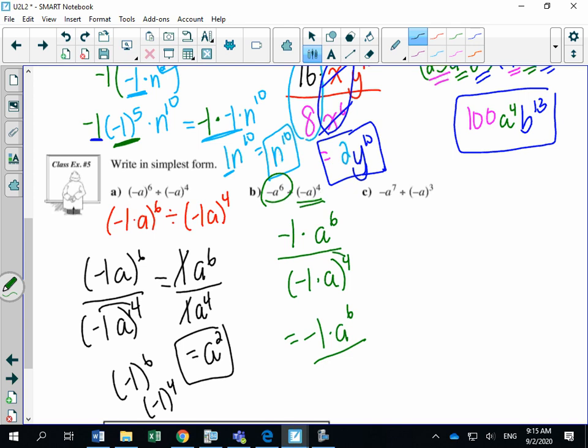In my denominator, if I punch this in correctly, that's going to be -1 to the power of 4. That's equal to 1, right? Because if it's in a bracket, it stays in a bracket. So -1 to the power of 4 is 1, and then times a to the 4. What this gives me is -1 divided by 1 is negative, and then subtract your exponents. So this answer is -a squared.